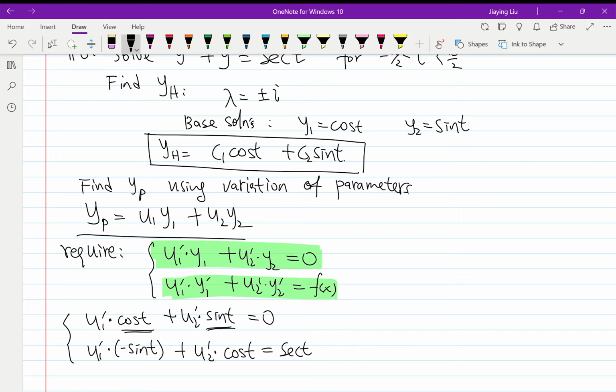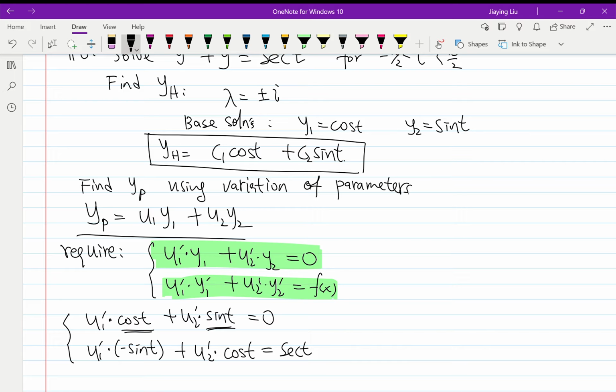And now we should try to solve this. We can't just directly add or subtract to eliminate any of the variables, because here we have u1 prime times cosine, but then here we have u1 prime times negative sine, so they're not the same. Same thing with the u2 prime terms, one has a cosine, one has a sine.